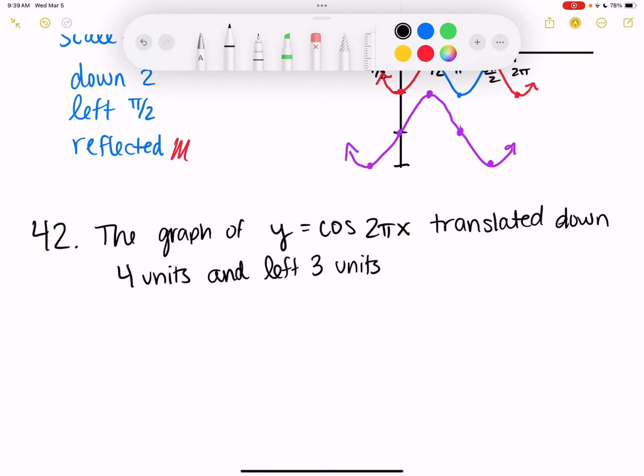So we're taking this initial function that they gave us, and then we are basically adding on the pieces of where it's going. So this one's going down and left.